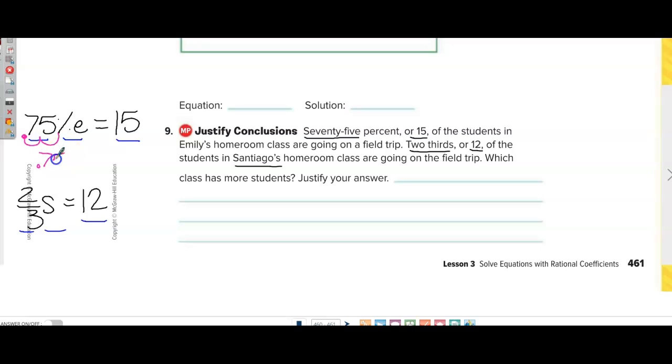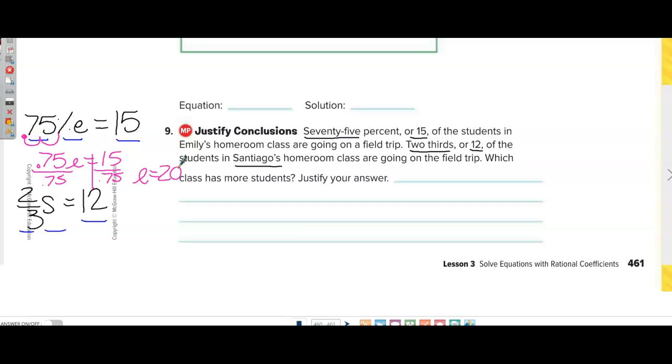So 0.75 times E equals 15. In order to solve, I do the opposite operation, so I divide by 75 hundredths. So E, if I type in my calculator 15 divided by 75 hundredths, I should get 20.